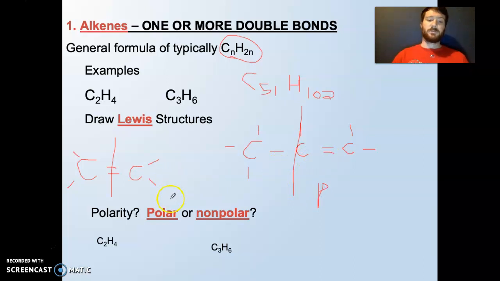This is our first polar molecule we're dealing with, something that is uneven on each side. Thus, it's going to have partial charges. There's more hydrogen over here than there is over here, so this side's going to be less positive than this side, because hydrogen's more positive, etc.